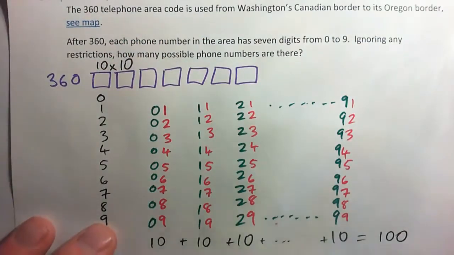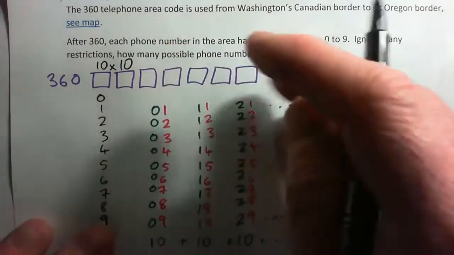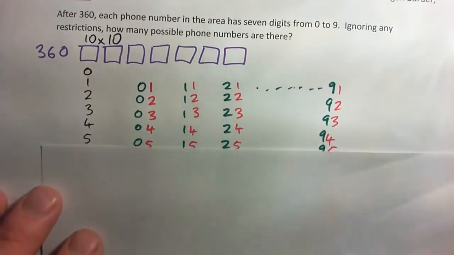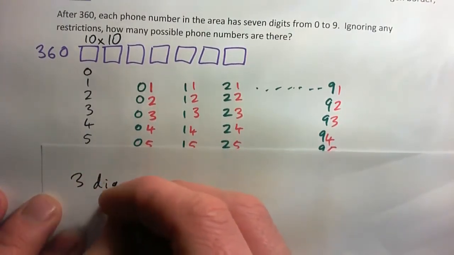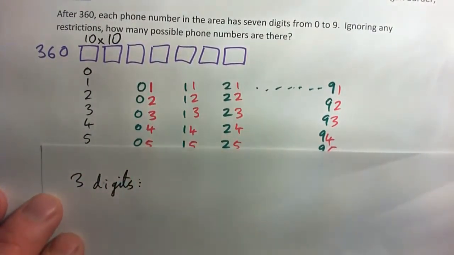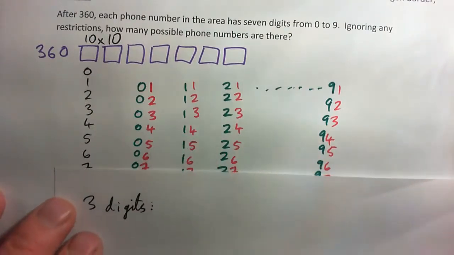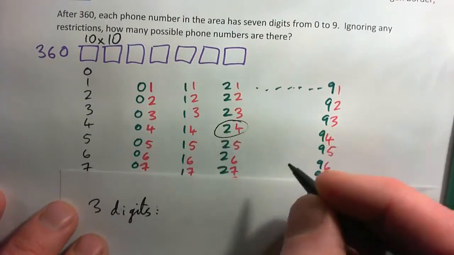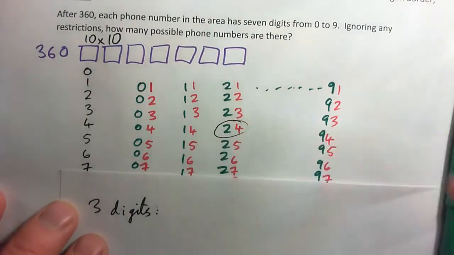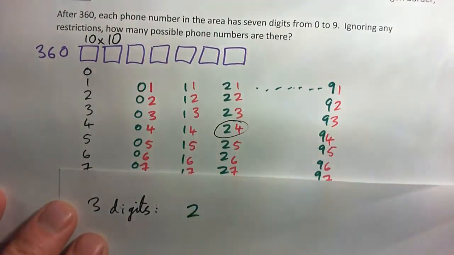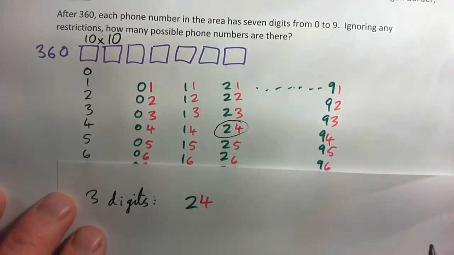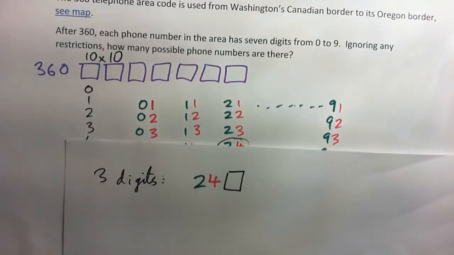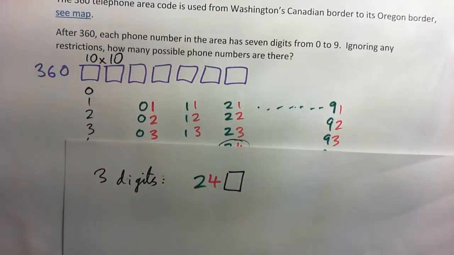But then going on to the next digit, for looking at 3-digit numbers, the thing about it is you could take any one of those 2-digit numbers, like this one, 24. That's the first 2 digits in the phone number, 24. And on to 24, you could add 10 possible numbers. 0, 1, 2, 3, 4, 5, 6, 7, 8, 9.